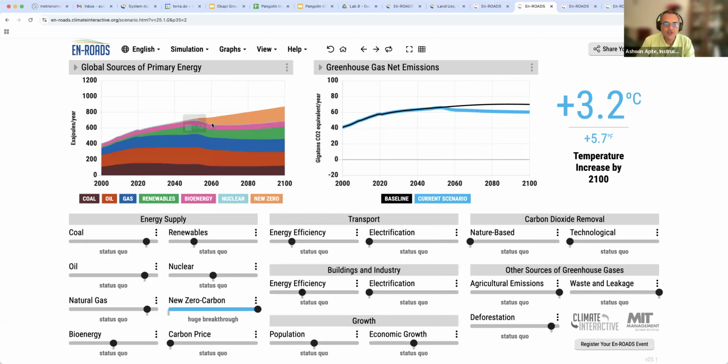You'll see the new zero carbon energy has come online. We only see it come online at scale decades from now, like 3 to 4 decades out. And that is another example of capital stock turnover delays. We already have power plants using coal and natural gas, which are already operating at full capacity.